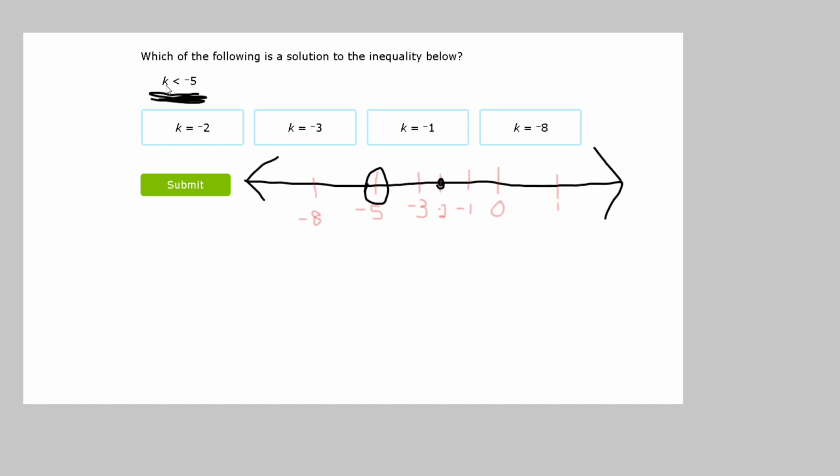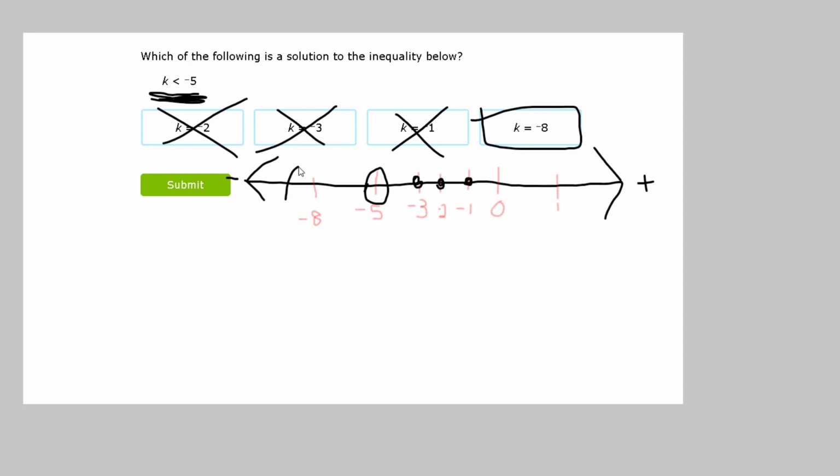But we want numbers that are less than negative 5. So negative 2 won't work. Same with negative 3. That's bigger than negative 5. That won't work either. Right, these are bigger to the right, smaller to the left. Negative 1 is also bigger than negative 5. That won't work. So the only choice here is negative 8, because negative 8 is less than negative 5.